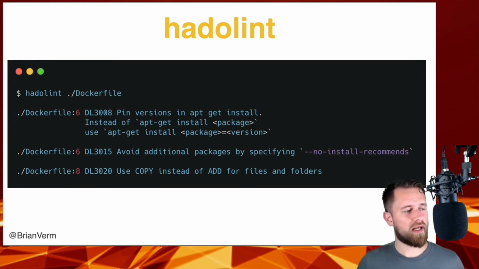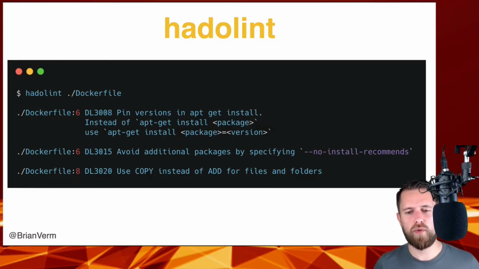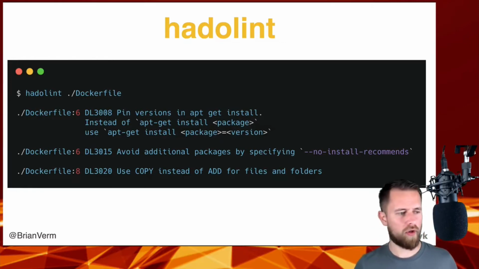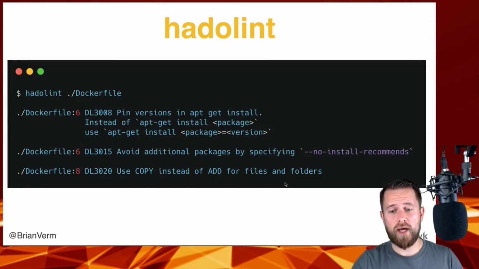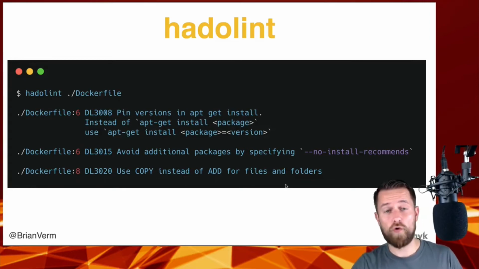So using a linter like Hadolint will give you pointers to see, hey, I'm using copy instead of add. Why am I doing that? Or using add instead of copy. Why am I doing that? Am I doing that for a good reason or not? So it helps you utilize and actually execute the best practices for your Dockerfiles.